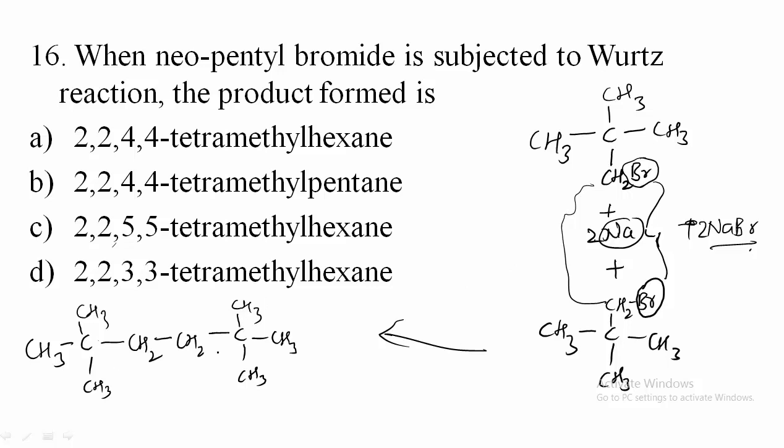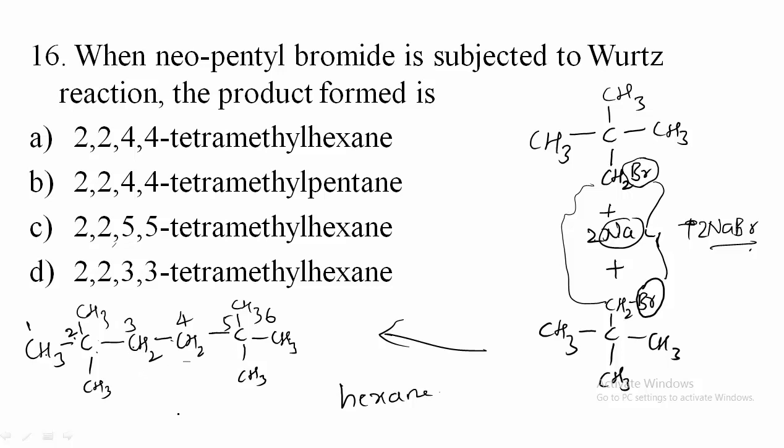What is the name of this compound? Select the longest chain. 1, 2, 3, 4, 5, 6. It is the longest chain. So hex, all are single bonds, ane, hexane. You can number this from any side because the methyl groups are attached at the second position only. At second and fifth positions, methyl groups are attached.